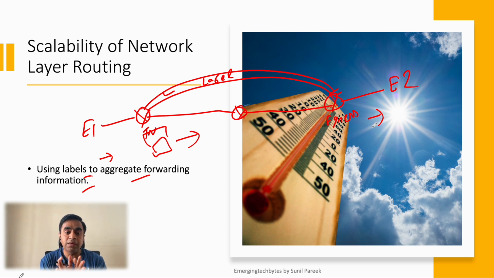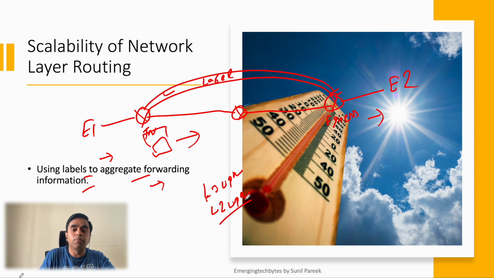I have highly simplified this. If you understand L3VPN, well and good. If you don't, then also it's okay. We will look at this forwarding in much more detail. But for now, you just understand that MPLS with the help of L3VPN, or the same goes for L2VPN also, provided a scalable way for routing.